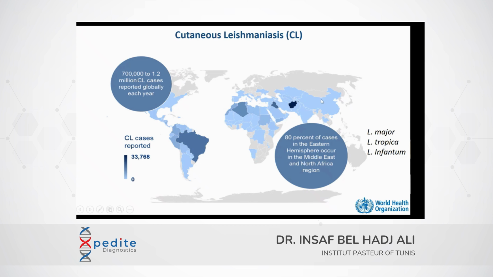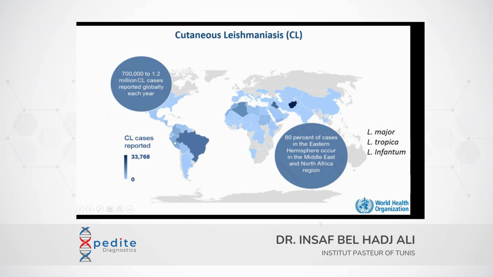The MENA region is considered one of the most affected areas, accounting for about 80% of cases in the Eastern Hemisphere. Like other vector-borne diseases, the incidence and prevalence of CL is strongly associated with risk factors like climate change, poverty, and conflict.